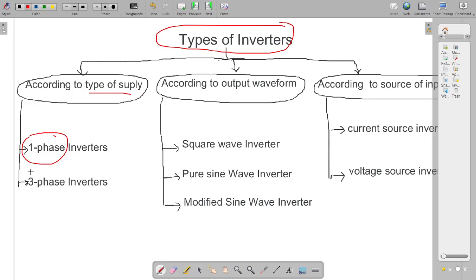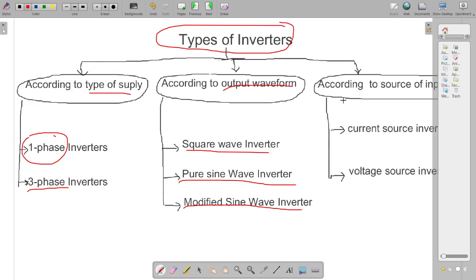If in the supply we are using three phases, that's called a three phase inverter. According to the output waveform, the types of inverters are classified as square inverters, pure sine wave inverters, and modified sine wave inverters.